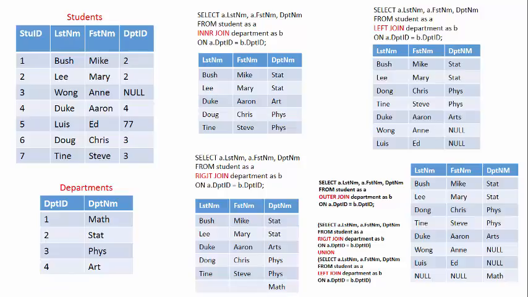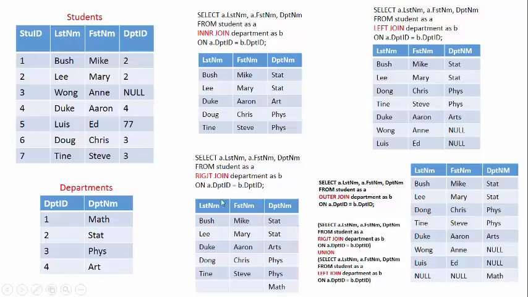So for the inner join, it's going to return all the matched rows. For the left outer join, it's going to keep all the inner join rows in addition to any of the rows from the table that is before the join.